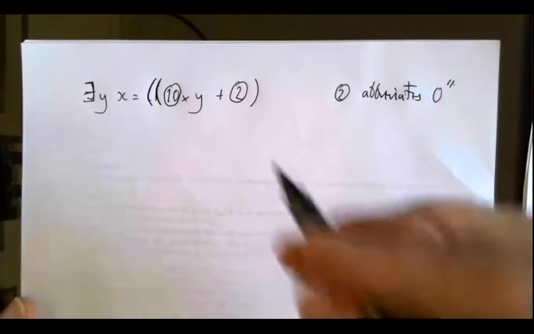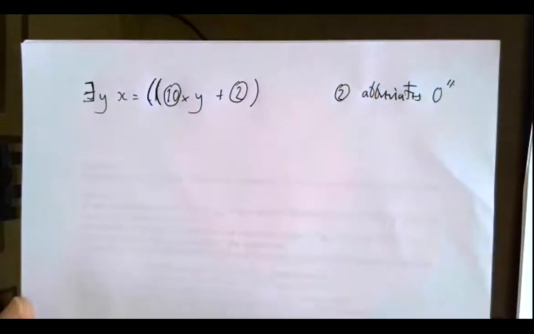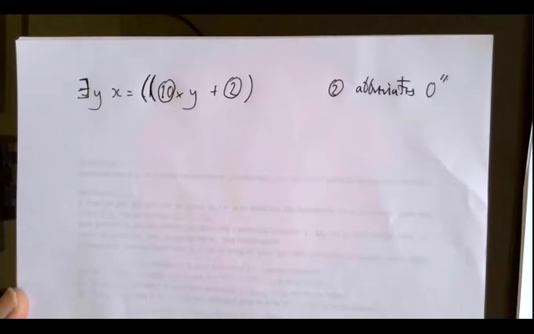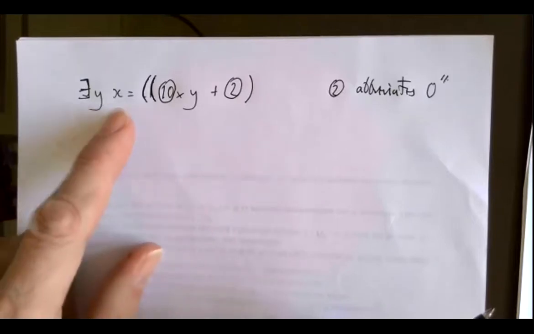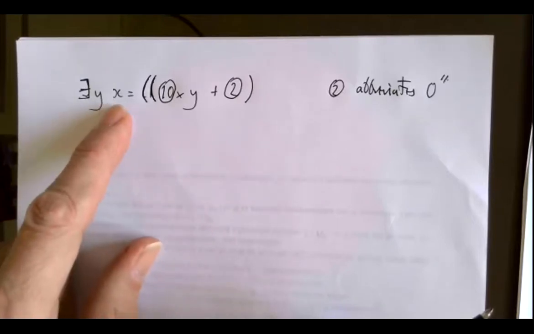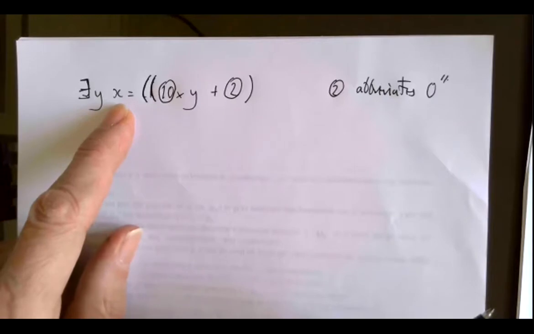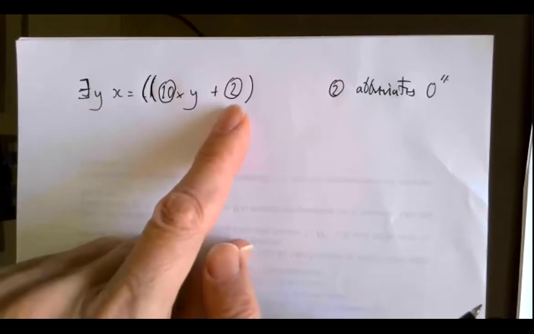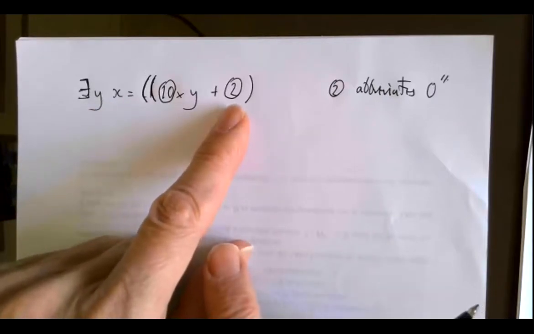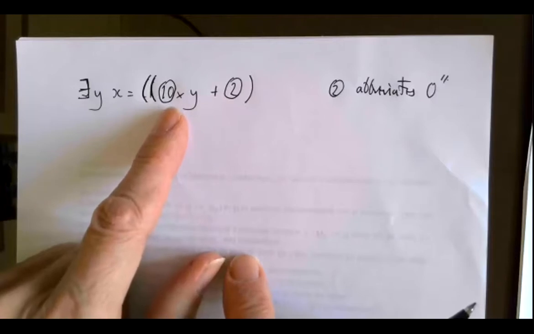So in the notes, these are boldface, but I can't write boldface just using this pen. So if we interpret this, what is this saying? This is saying that x as a decimal number ends in a 2. It's some multiple of 10 plus 2.